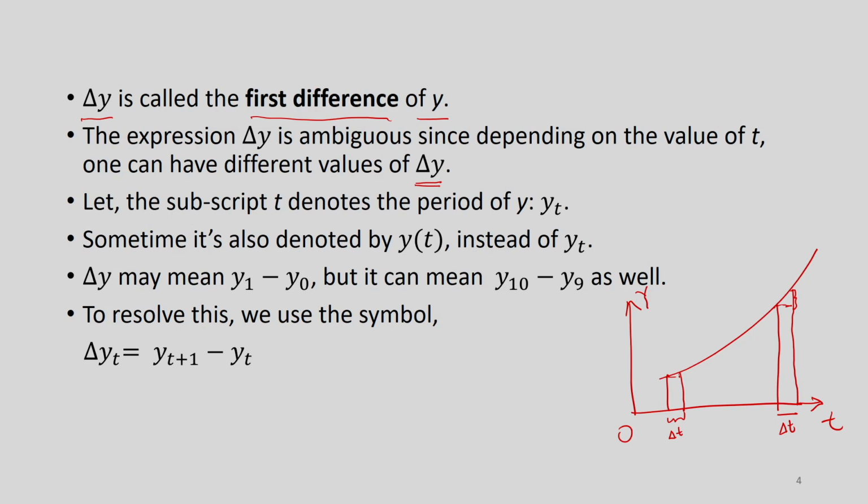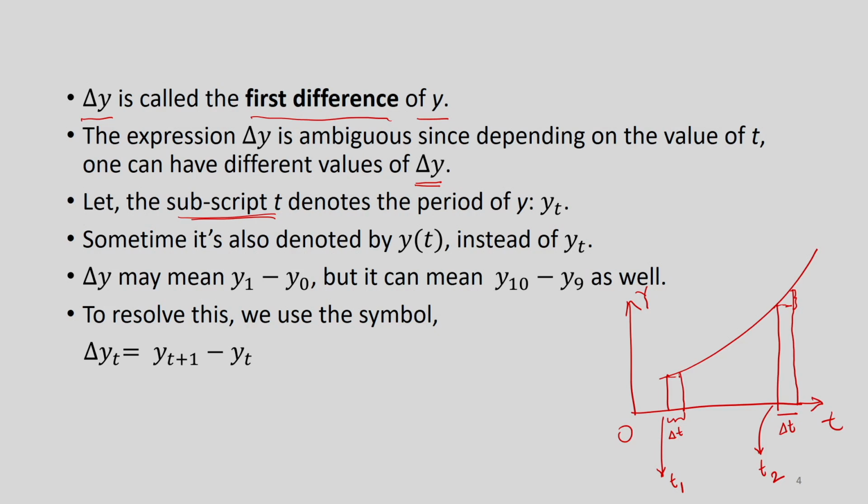So, to get around this problem of what is the value of delta y in a very concrete manner, we use the subscript small t, and that denotes the period of t. So, what is the reference point? Are we talking about this t, which could be t 1, or are we talking about this t, which is t 2?